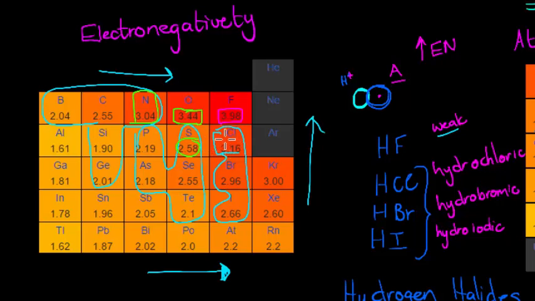So I've looked at chlorine with 4 oxygens, which made it perchloric, and then sulfur with 4 was just sulfuric, and now phosphorus with 4 oxygens would be phosphoric.